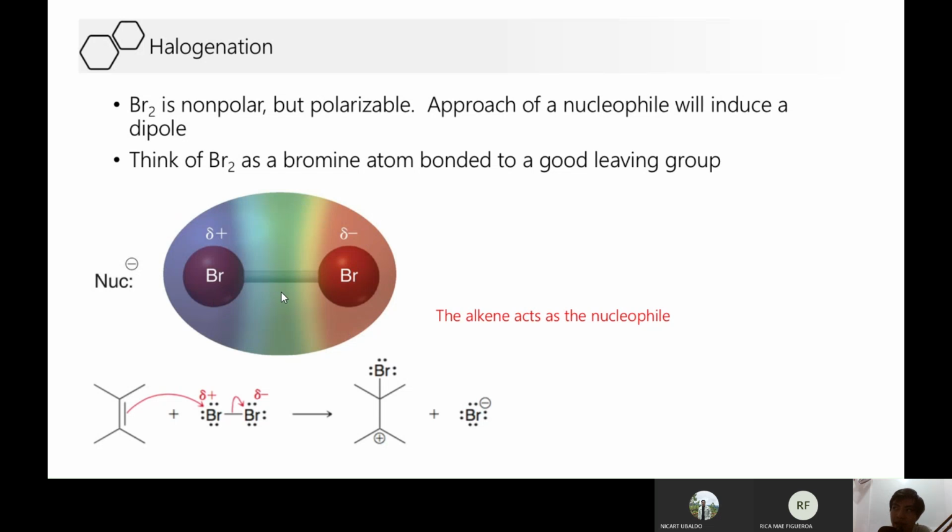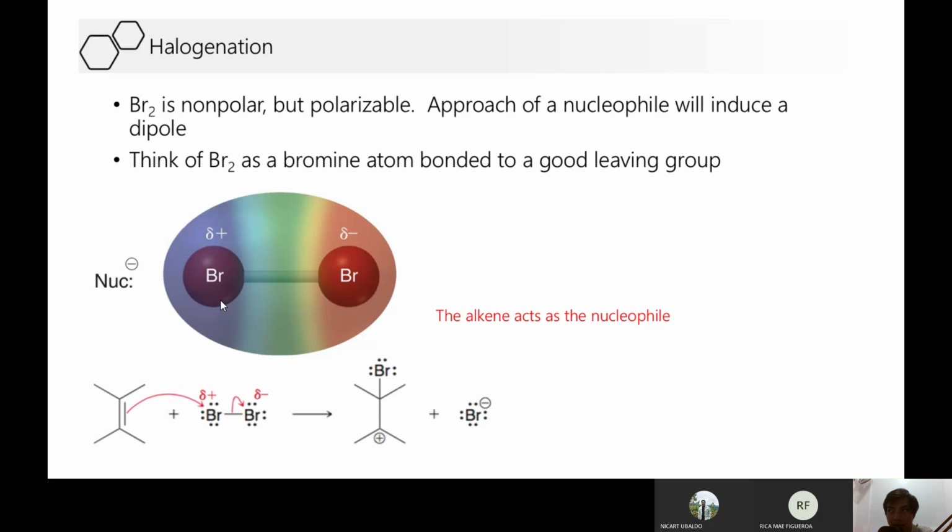Magiging temporary dipole yon. So since yan ay temporary dipole, that will give you a partial positive end and a partial negative end. So ito yung nucleophile mo, ito yung double bond. Pag dumikit yan dyan, ipupush ng electron ng double bond yung electron ng halogen papunta sa other side because of the repulsion. Okay?